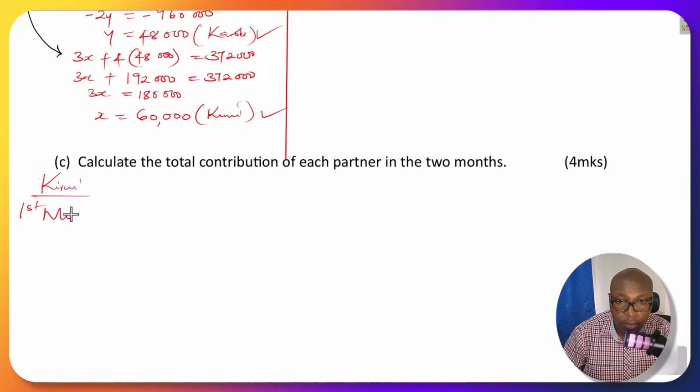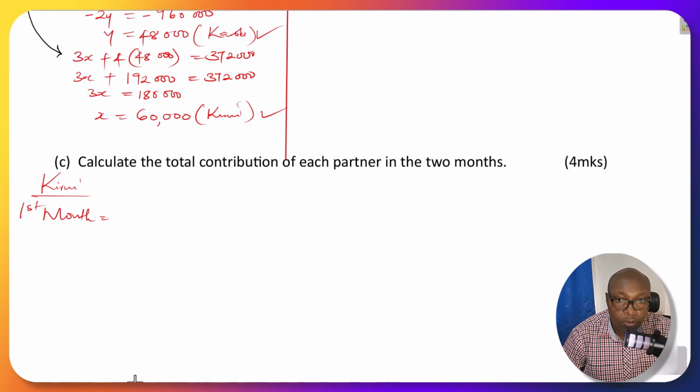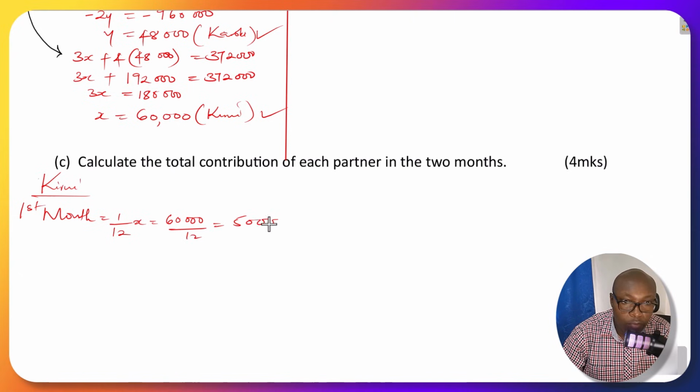In the first month he contributed a 12th of x. Write this one properly. A 12th of x, we got x to be 60,000, so this will be 60,000 divided by 12, so that will be 5,000.